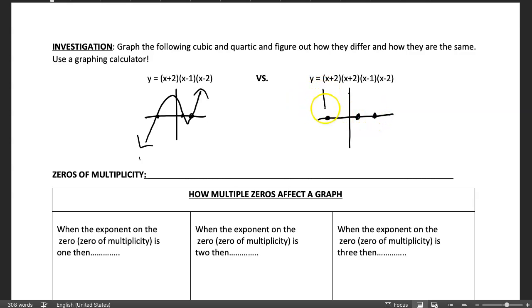But this time we started up, we just barely touched that, and then we went through for 1 and 2. The reason for this is that we have two x plus 2 terms in here. This is what we call a zero of multiplicity, or a factor that shows up multiple times in a polynomial. Factor or zero that shows up multiple times.